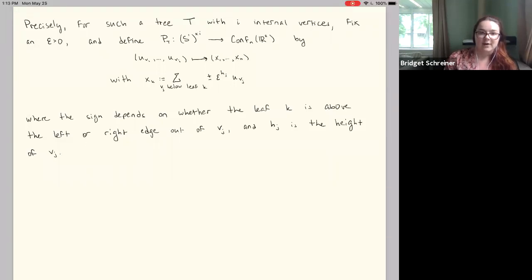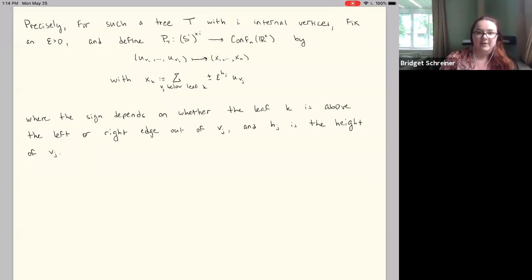So S1 crossed with I to conf n of R2 by taking a point in the torus (u_v1 up through u_vi), where the coordinates are indexed by the internal vertex that they correspond to, to a configuration x1 through xn, with the kth point in that, we define it to be the sum over all of the internal vertices below that leaf of plus or minus epsilon to the height of the internal vertex times the coordinate of the point on the circle corresponding to that internal vertex.